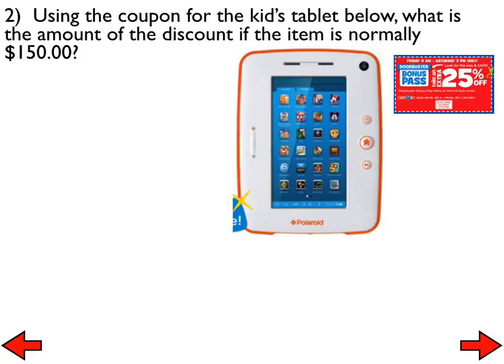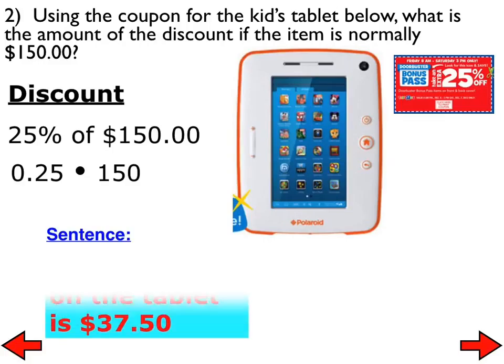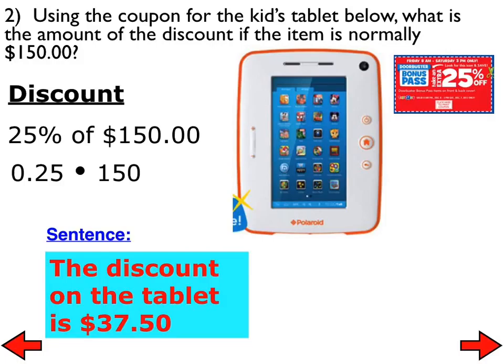So you're going to do it the same way as number 1. Multiply only or set up a proportion. Go ahead and do it. So to find discount only, you're finding 25% of that price. How much you're not paying. So 0.25 times 150, and what would that answer be? Go ahead. $42 and what?